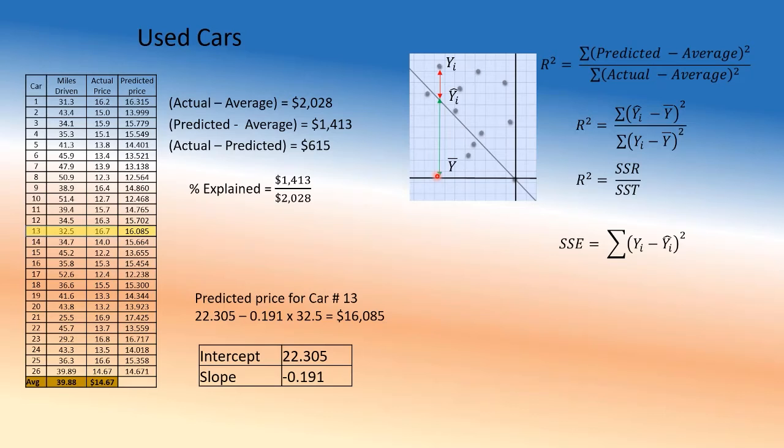Now let's look at SSE, the sum of squared errors. What is SSE? SSE is the error portion, the red line here. This minus that is the error, which is yi minus yi hat, squared, is the error portion. Now if you recall your variance formula, what was the variance formula?